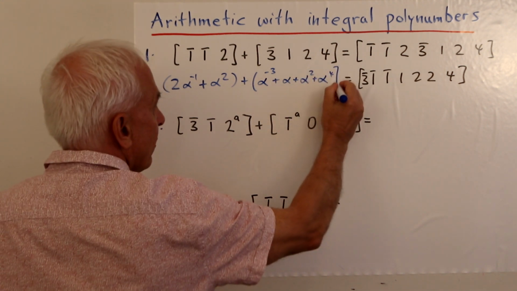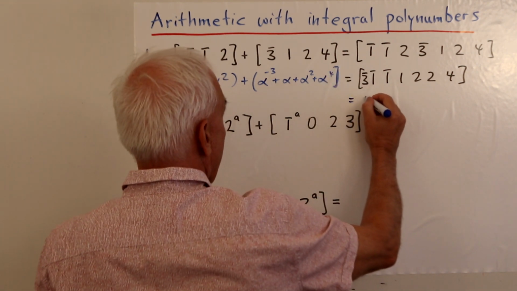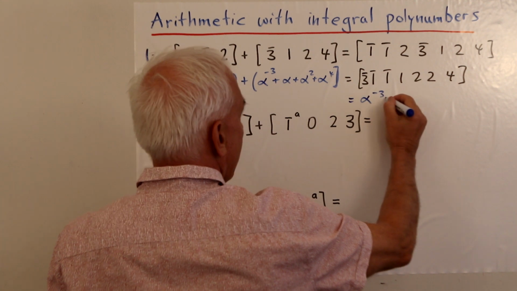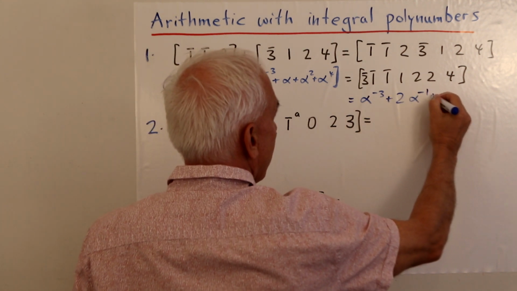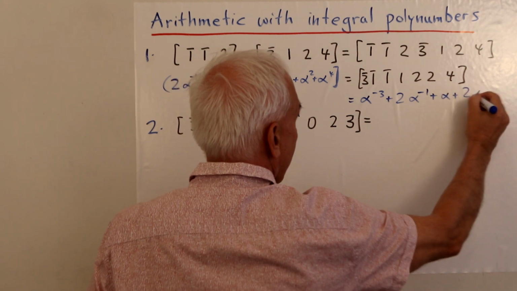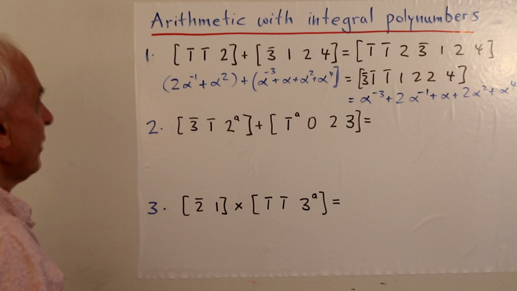And what are we getting out of this? We're getting alpha to the minus 3 plus 2 alpha to the minus 1 plus alpha plus 2 alpha squared plus alpha to the 4. Does that sound reasonable?